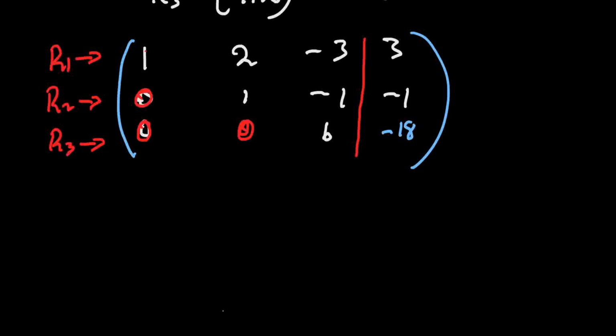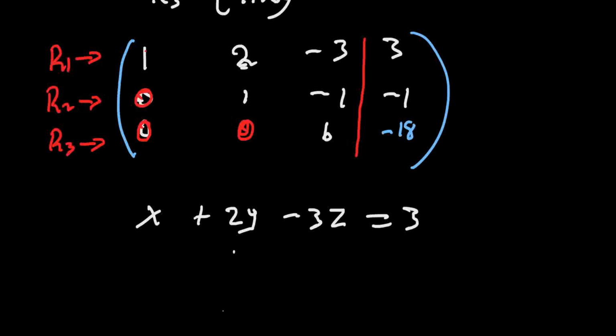So this is 1. This one here simply means that the coefficient of x is 1, so you can simply write x. So this would be x, and this is 2. That means we have plus 2y, and this is negative 3, negative 3z, and this will be equals to 3. And for row 2, we have 0, so x is 0, that is out.